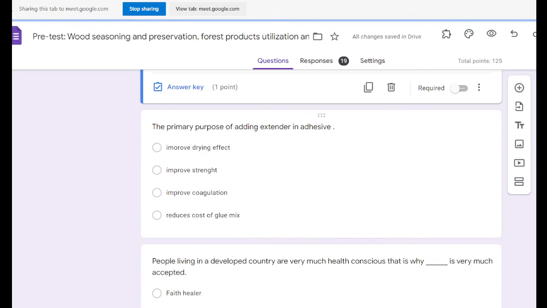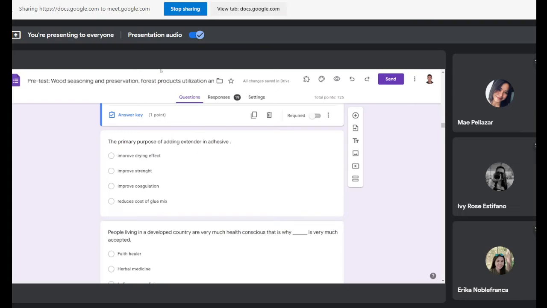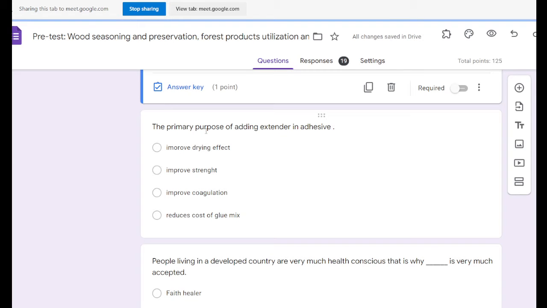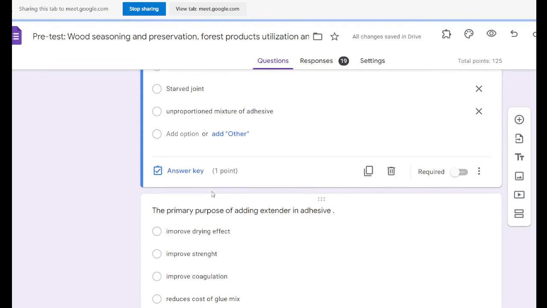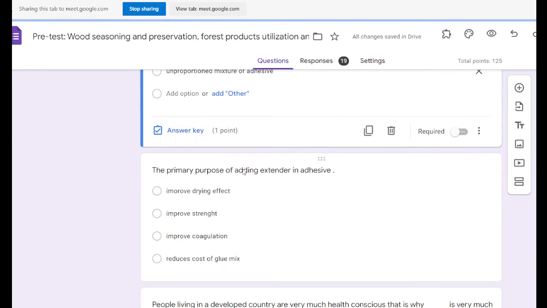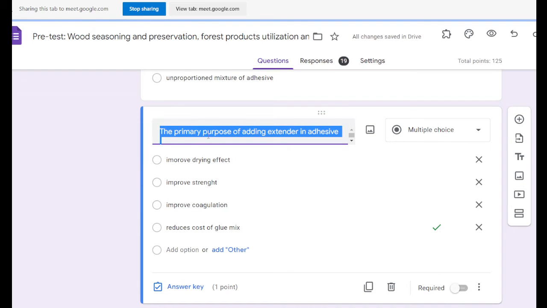The primary purpose of adding extender in adhesive is for what? Reduce cost. Yeah, that's the correct answer. You're adding an extender in the adhesive so that you can reduce the cost.